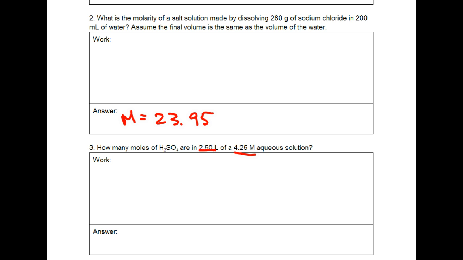So another way of writing out the molarity using a for every statement is to say for every 4.25 moles of H2SO4, there is 1 liter of solution. Because molarity is equal to moles over liters, if we do 4.25 divided by 1, we get a molarity of 4.25.